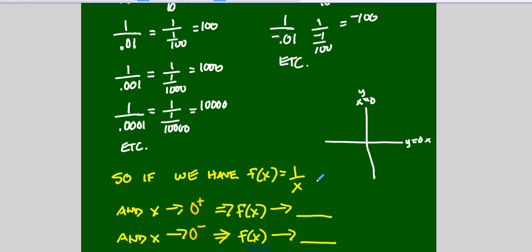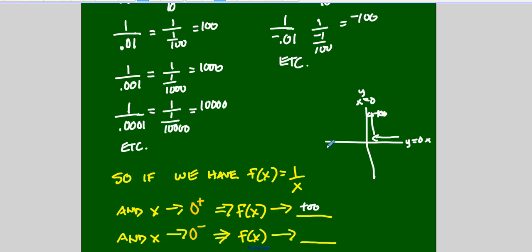So as x comes to 0 from the right side, this is what I mean, 0 plus. It's coming to 0 here. This is x equals 0 from the right. The function is actually shooting up to positive infinity because it's growing without bound. It's going up this way.